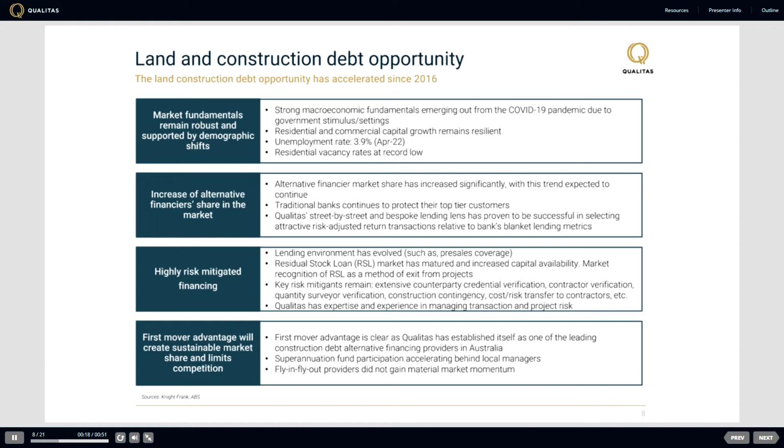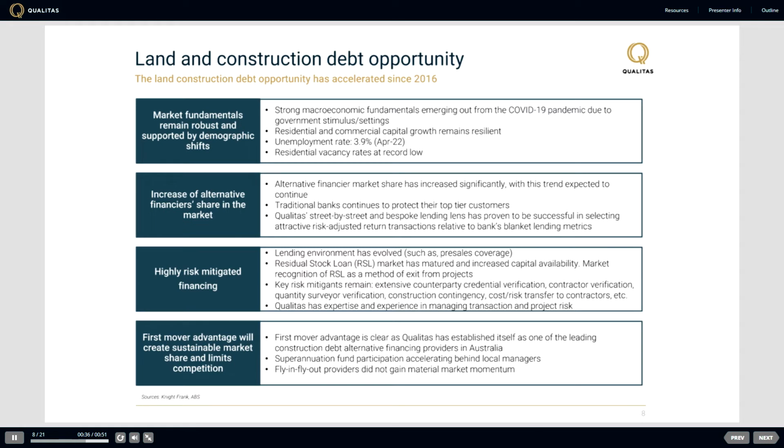The lending environment for land and construction debt has materially evolved in the last few years as the residual stock loan market has matured and has been recognized as a method of exit. Financiers are also getting comfort from pre-sale coverage.